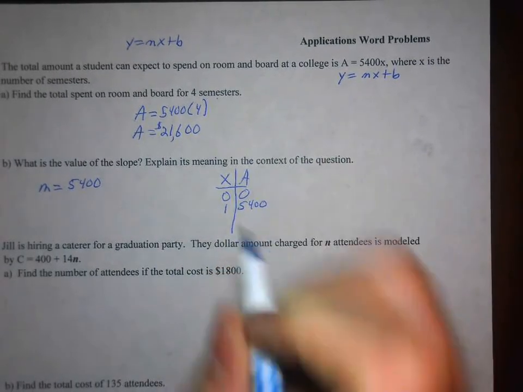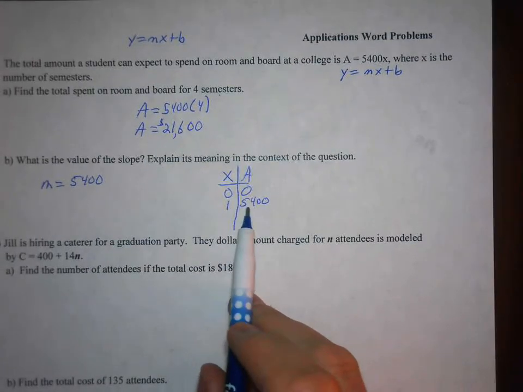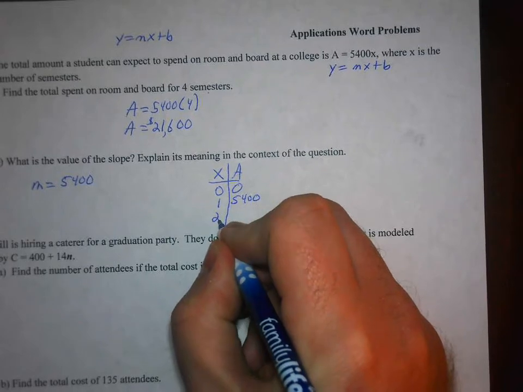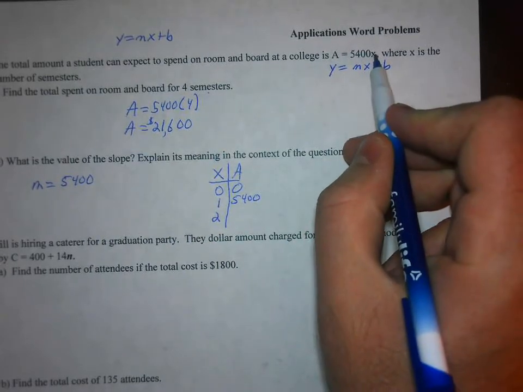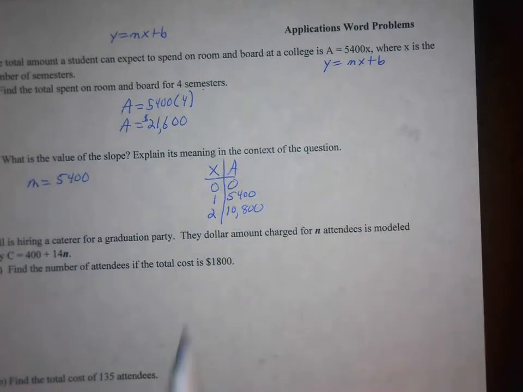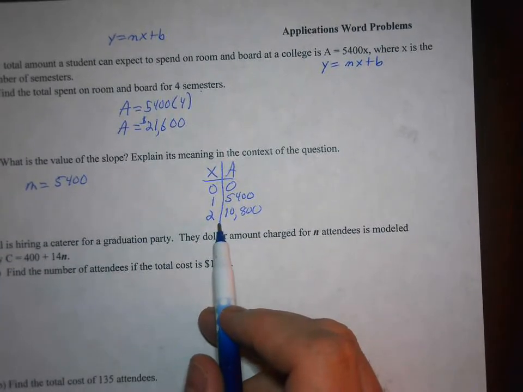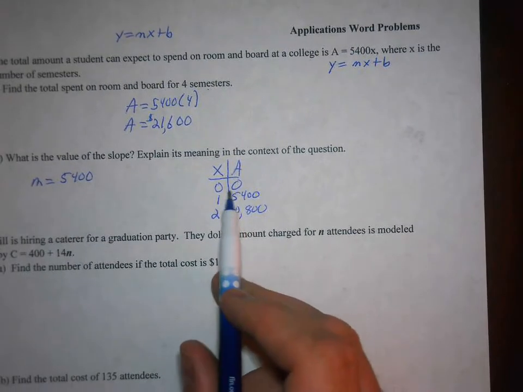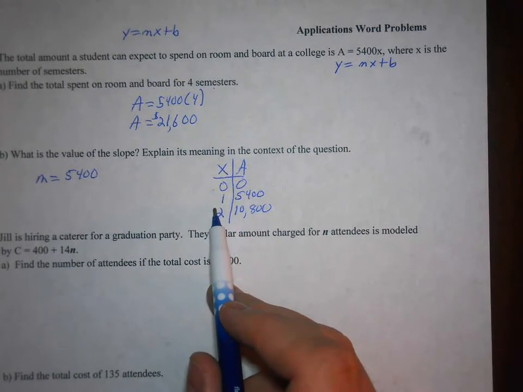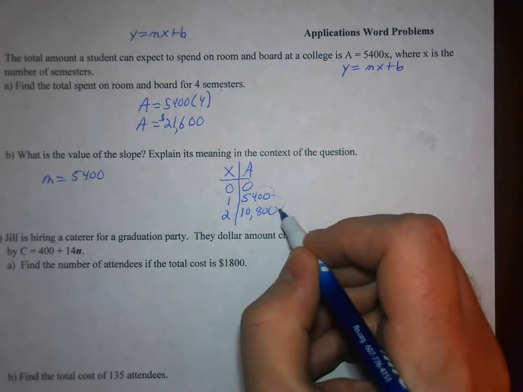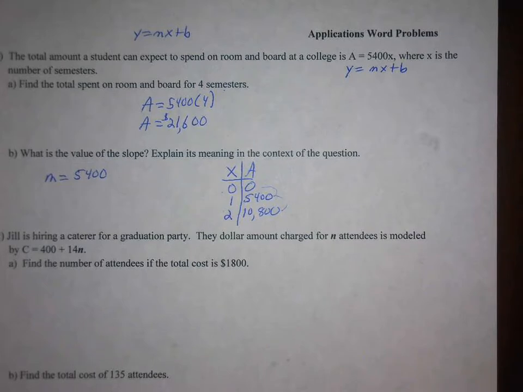If I look at a little table of this, when x is 1, A is 5,400. If you spent 2 semesters, you would take 5,400 twice, which would be 10,800. And for 3 semesters, add on another 5,400 to take you to 16,200. The basic idea is, notice that every time the semester goes up by 1, every semester is going to cost you an extra $5,400 in room and board.